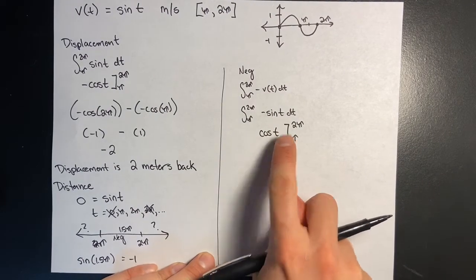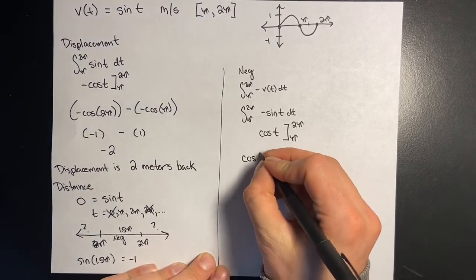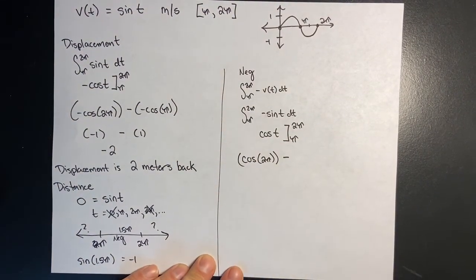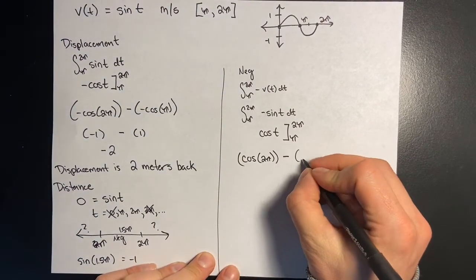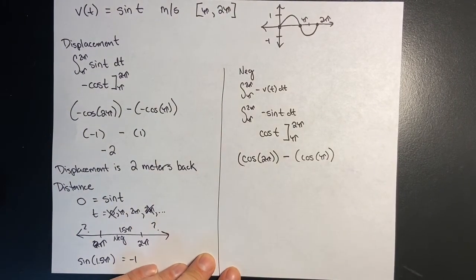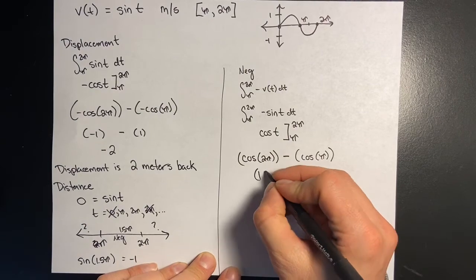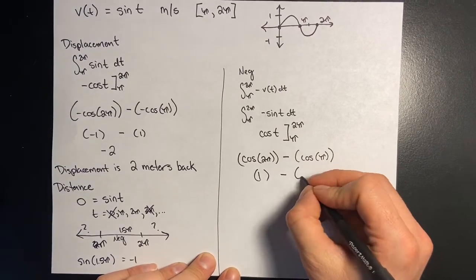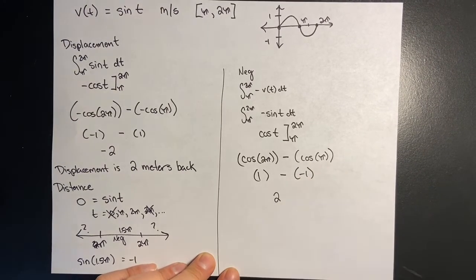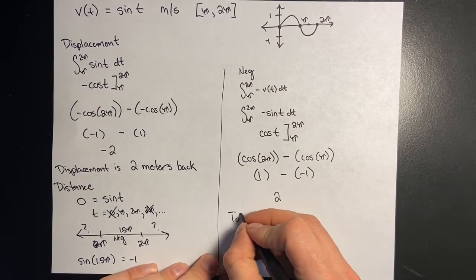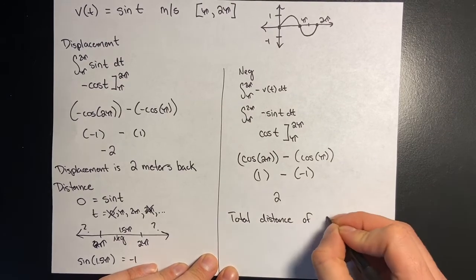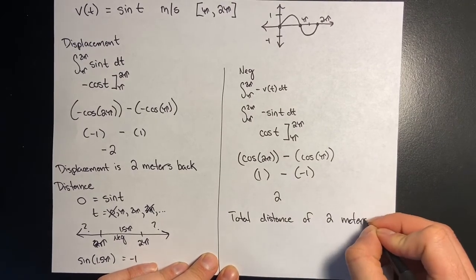I'm going to take cosine, plug in 2 pi. I'm going to take cosine, plug in regular pi. Cosine of 2 pi is 1. Cosine of pi is negative 1. 1 minus negative 1 is 2, which means I traveled a total distance of 2 meters.